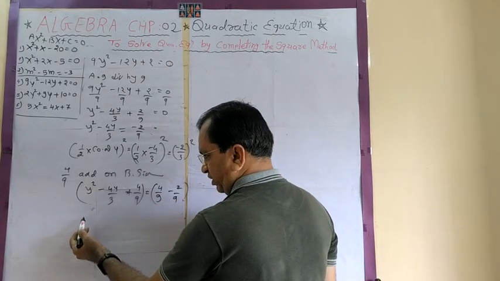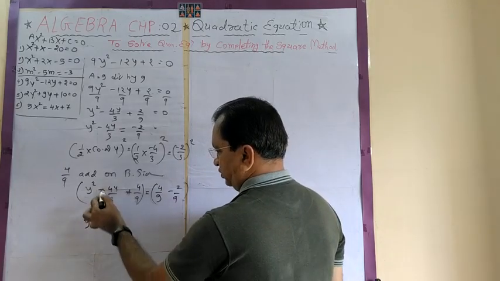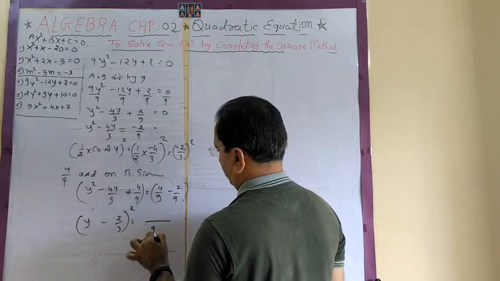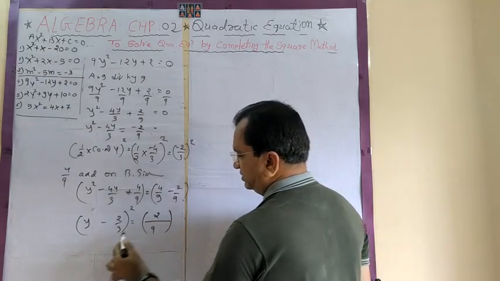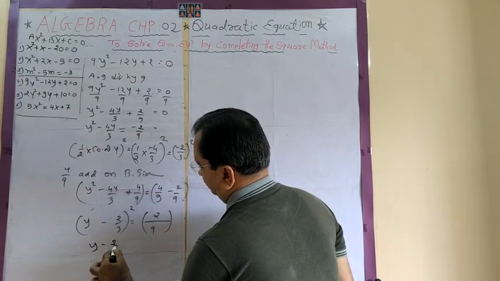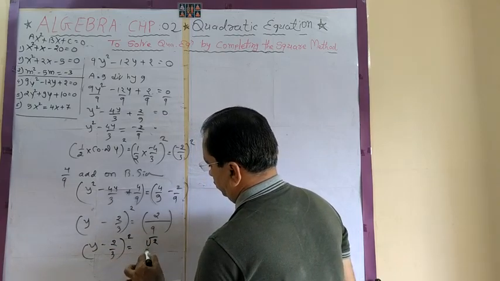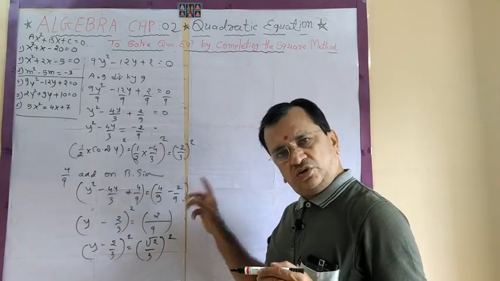Same, square root of first number, square root of last number, sign of middle. 4 minus 2 is equal to 2. Make this a perfect square. So it is under root 2 by 3. 3 3s are 9, root 2, 2.